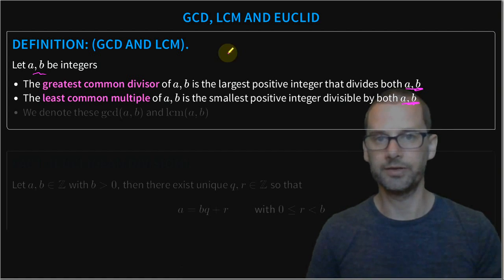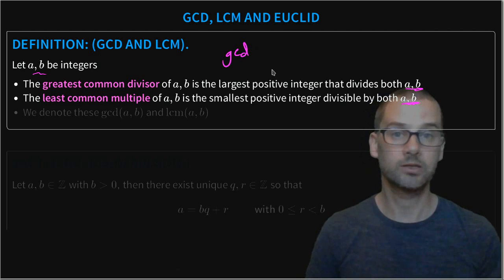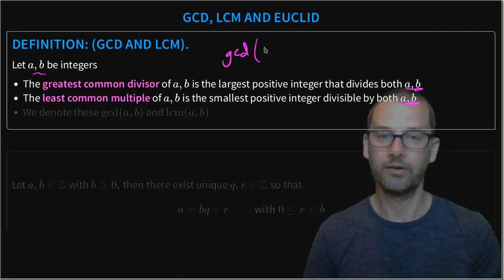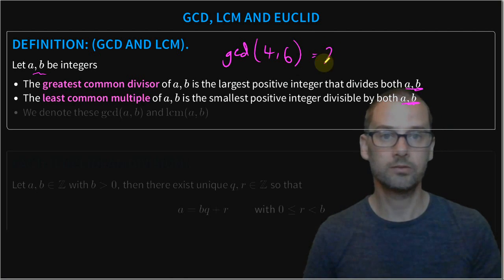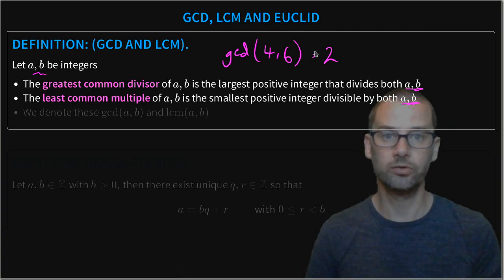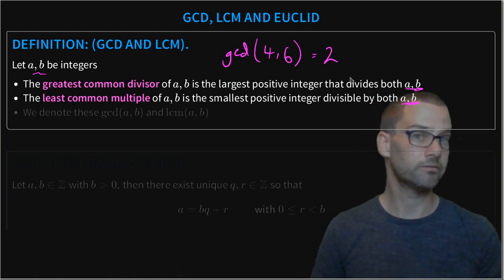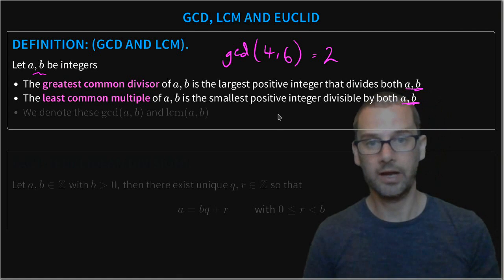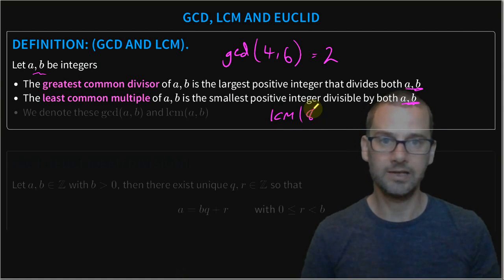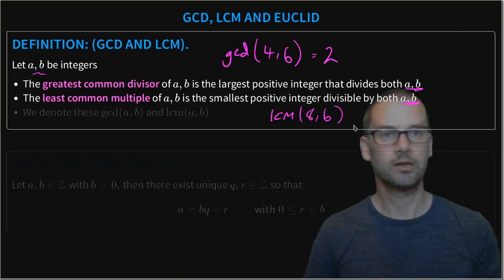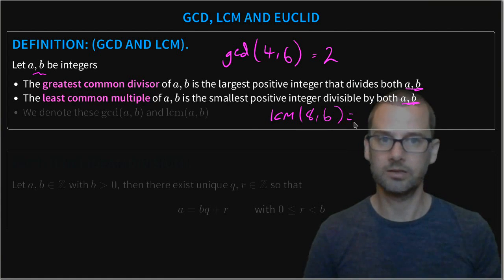So for example, the GCD, greatest common divisor, of, let's say, 4 and 6 is going to be the number 2, because 2 divides 4, 2 divides 6, and nothing bigger divides 4 and 6. On the other hand, the least common multiple of, say, 8 and 6, well, let's think a bit here, this is going to be the number 24.